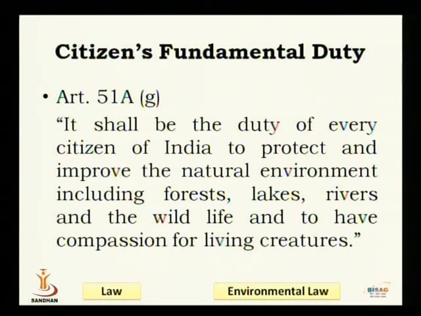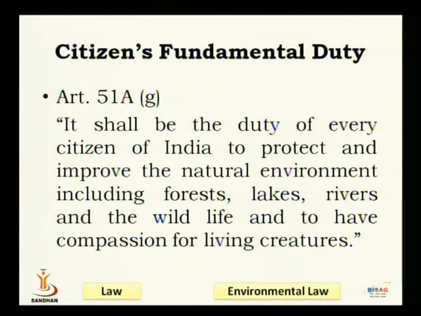Dear friends, I would like to emphasize three words of this article: citizen, the second one is improve, and protect. These are the three words which I would like to discuss.